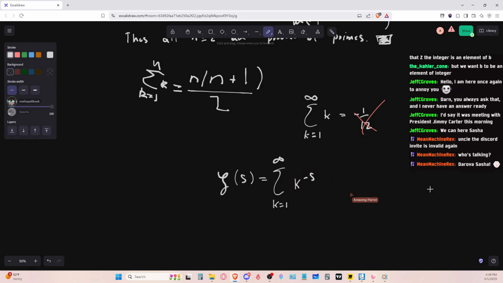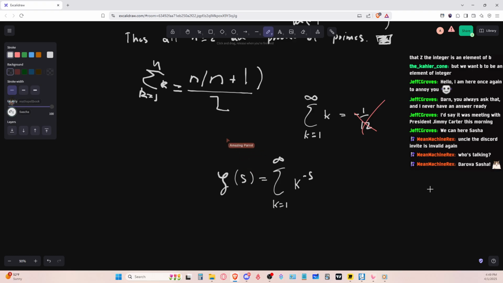Is it s or minus s? I can't remember. I think it's minus s, because once you get to the negative numbers, you have the sequence like minus 1/12. Yes, I think you're right, since when it's the negative numbers, that's when the minus 1/12 thing comes up.